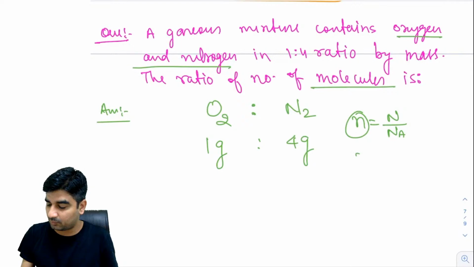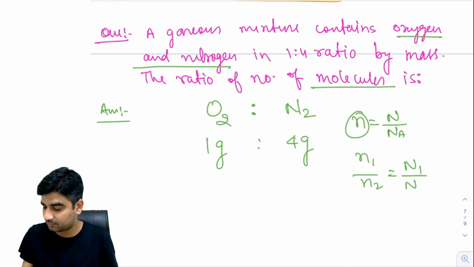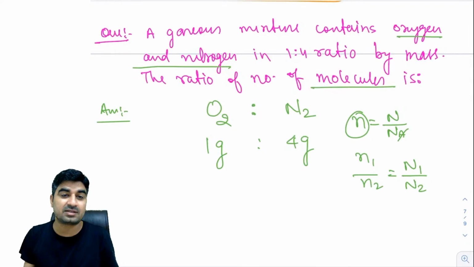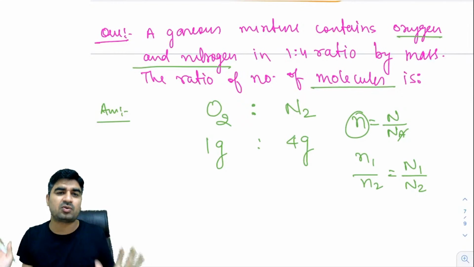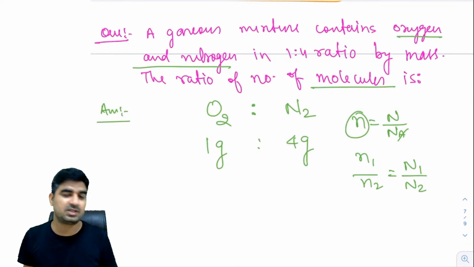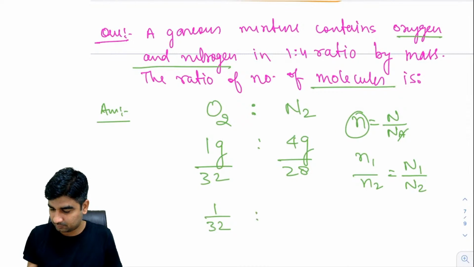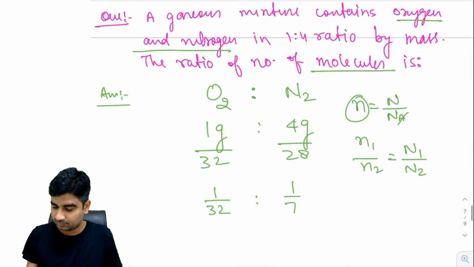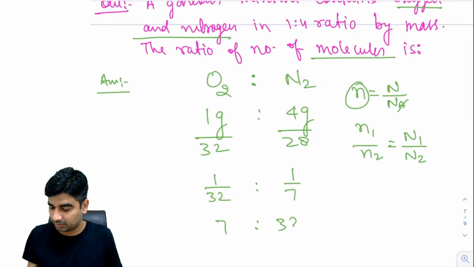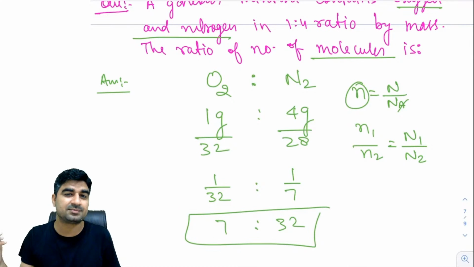So ratio of moles will be same as ratio of molecules, because Na will be cancelled. So you just calculate mole ratio. It will be 7:32. Done?